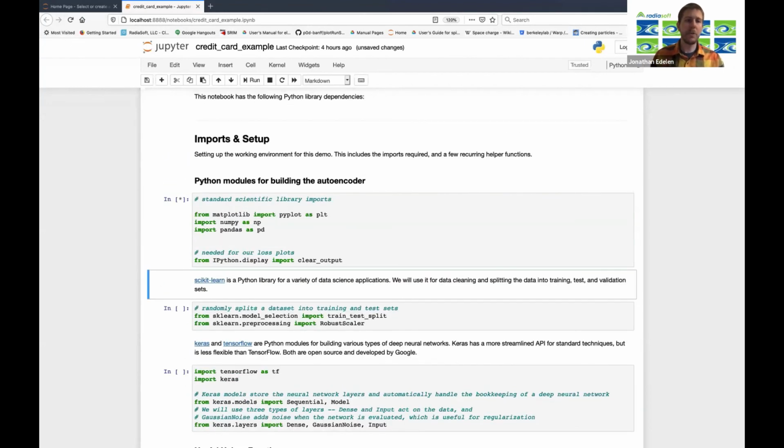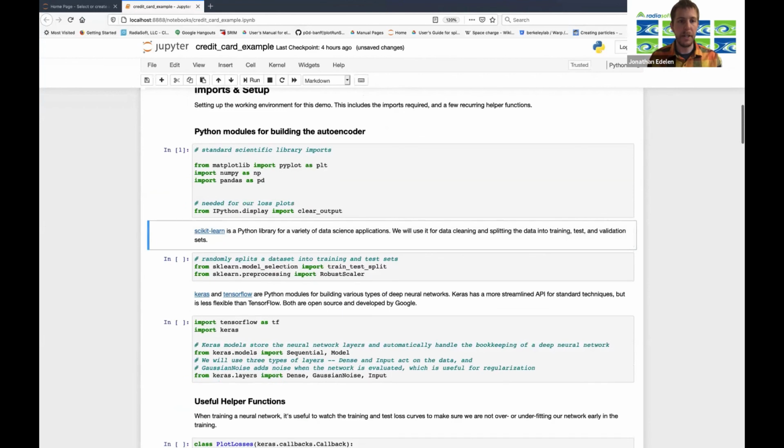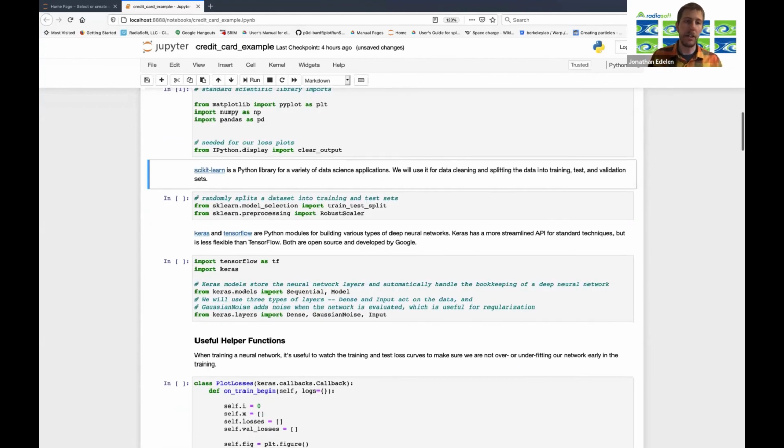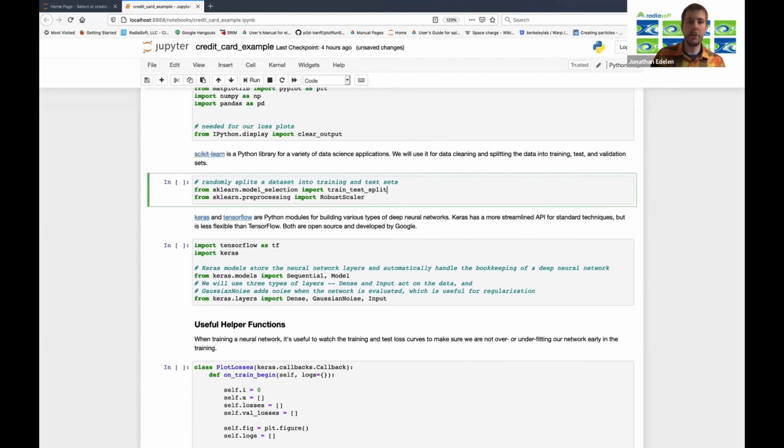I'm not going to talk too much about the imports. I mean, standard imports, we're using things like NumPy, Matplotlib. I do want to talk a little bit about scalers. Right now, for this particular data set, I'm using the robust scaler. I've used a few different scalers. The scaler that you use to prescale your data is sort of problem dependent. Sometimes it makes sense to use a min-max scaler, sometimes it makes sense to use a robust scaler or different types of scalers.